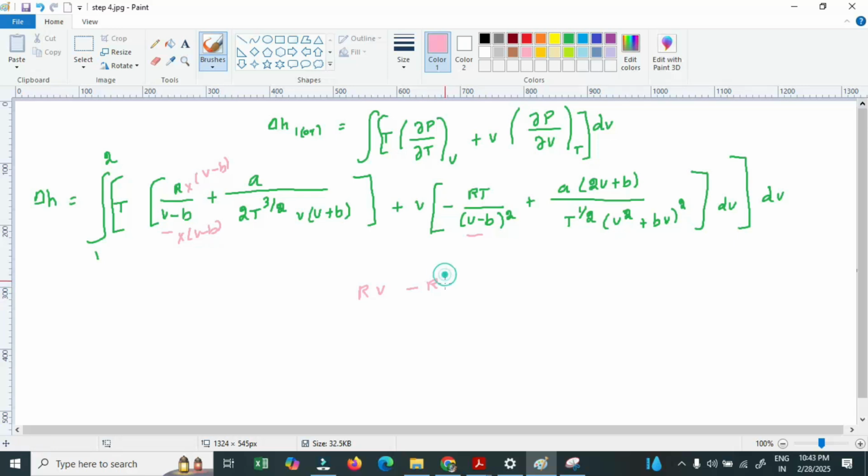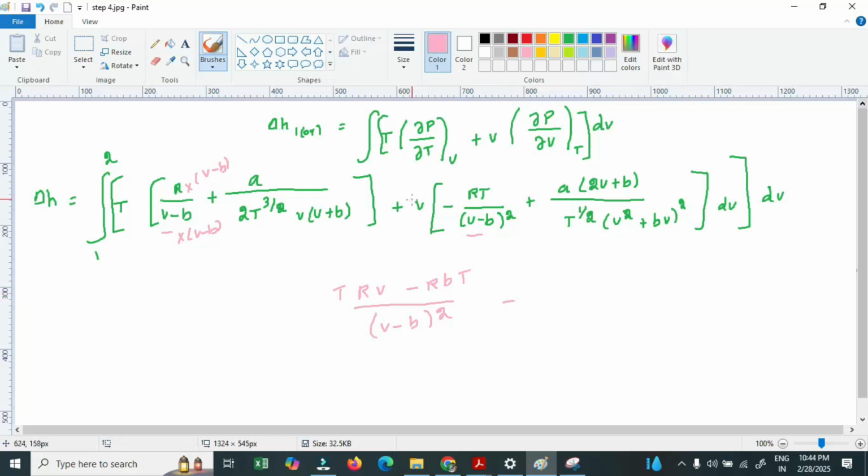And here I have to multiply by T, here also I have to multiply by T. If you cross multiply this here, you will get VRT divided by V minus B power 2.